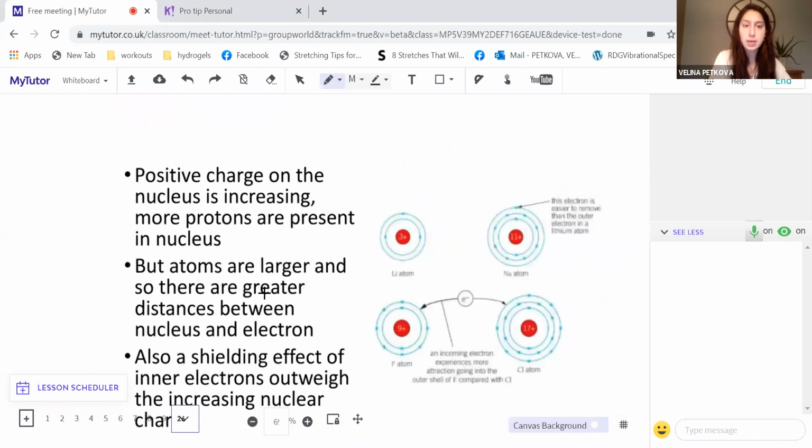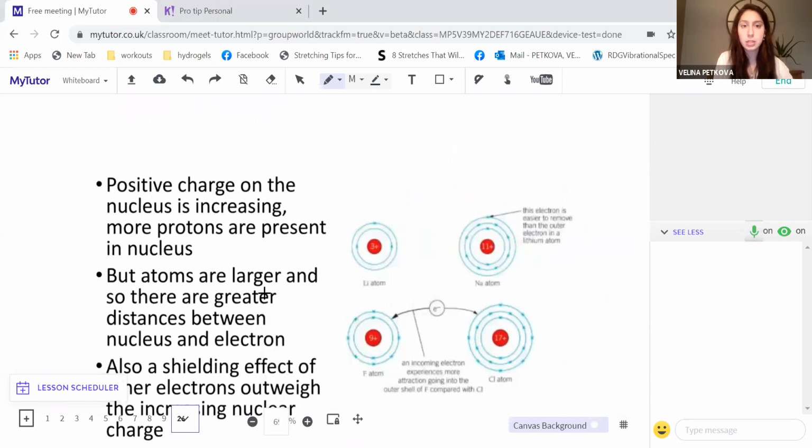So what shielding means is that we've got a positive charge here, right? However, we've got these electrons that shield the positive charge away from this outer electron. So this outer electron feels less of the positive charge in the middle because of the electrons between this outer electron and the nucleus. Also there is electron repulsion between these two electrons because they both have a negative charge, which also makes it easier to lose the electron.